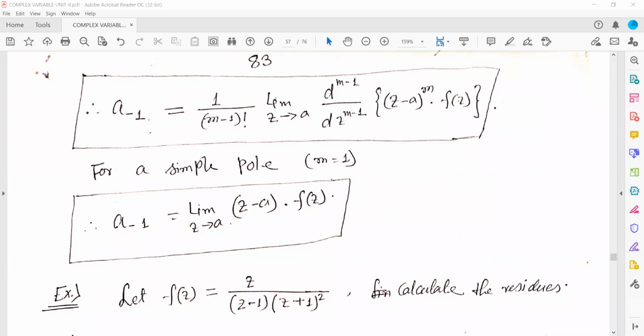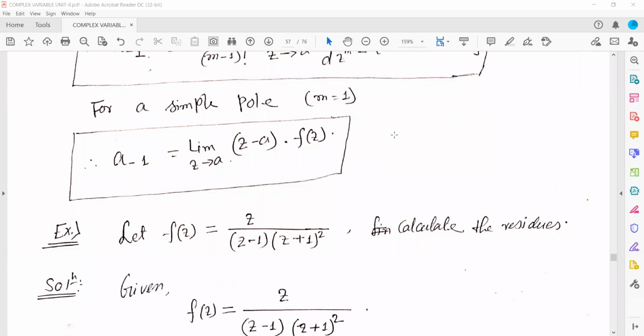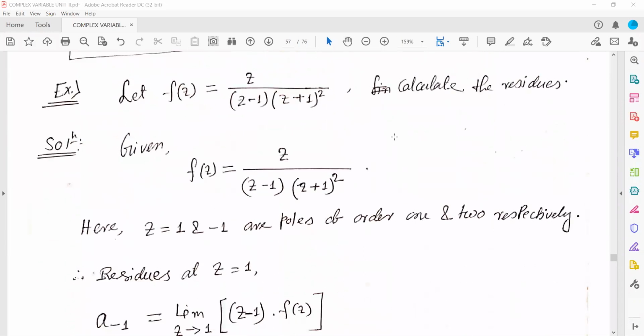Now let us calculate the residues of some functions. See this one first: f(z) is equal to z upon (z minus 1) into (z plus 1) whole square. Calculate the residues.